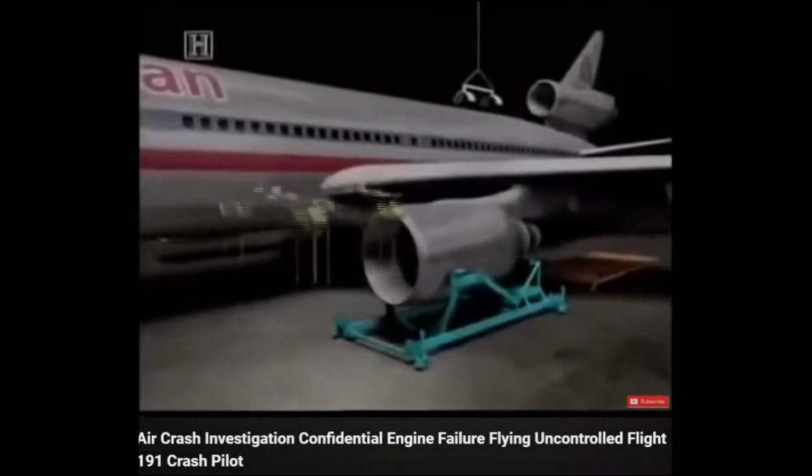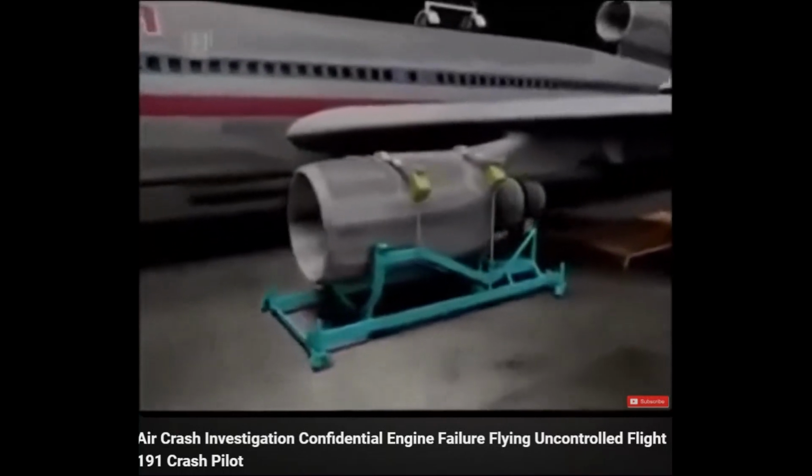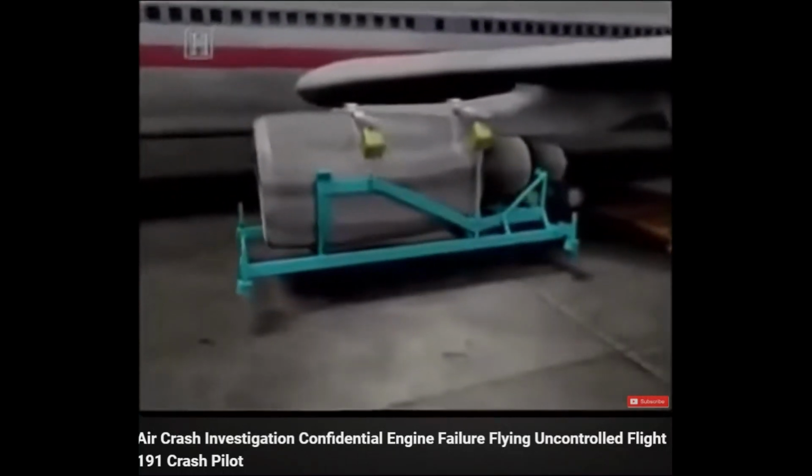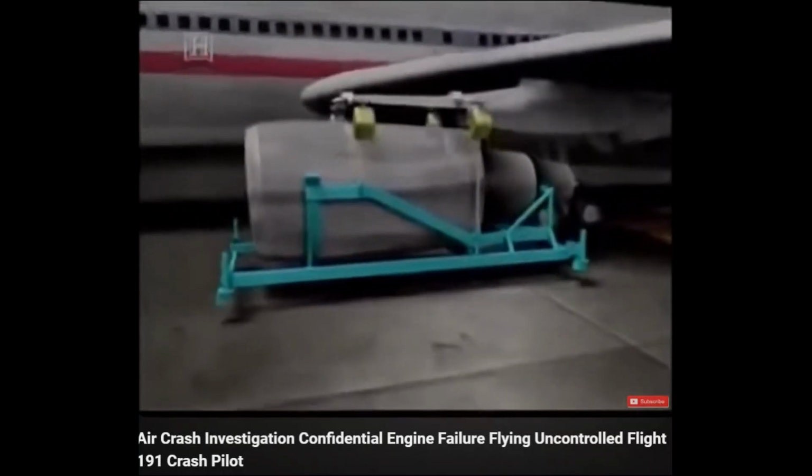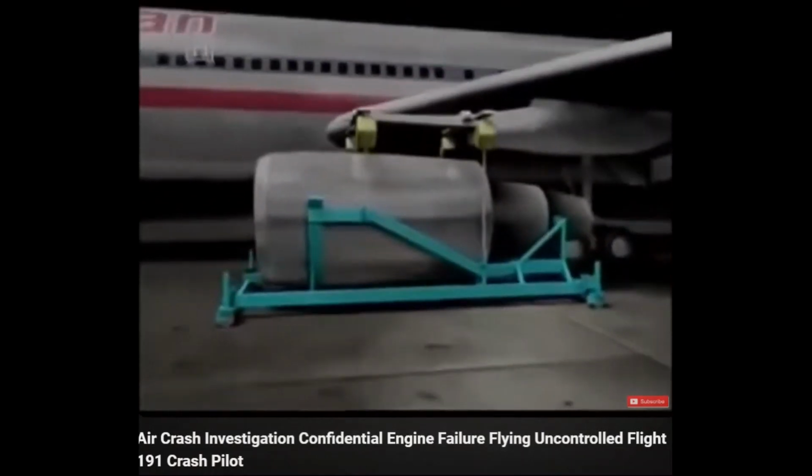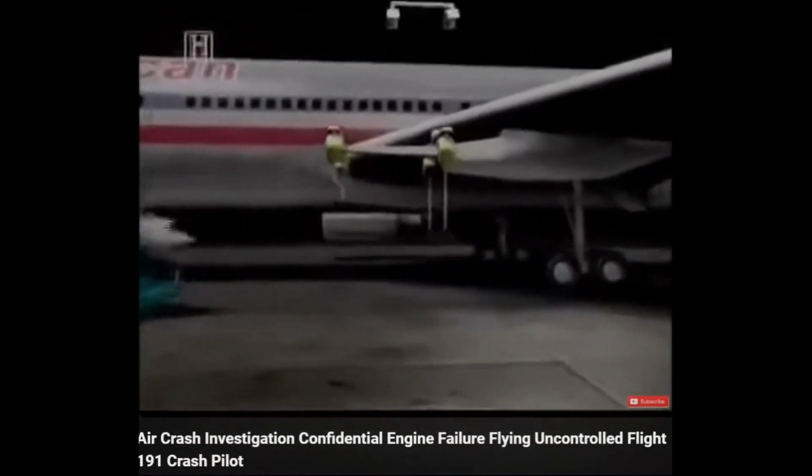So next, let's look at an animation showing the maintenance procedure that was used to drop the engine and pylon as a unit to change the aft spherical bearing. The damage occurred almost 2 months before the crash, when during a required repair, Flight 191's left engine pylon assembly needed to be removed.